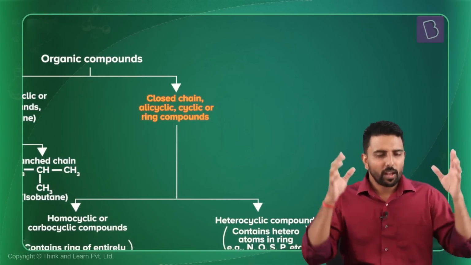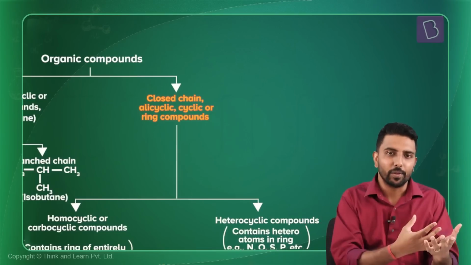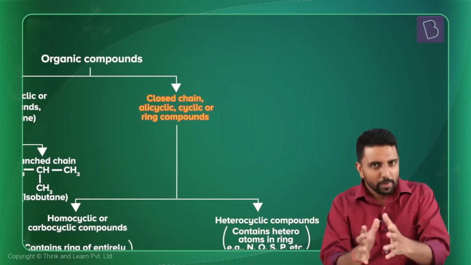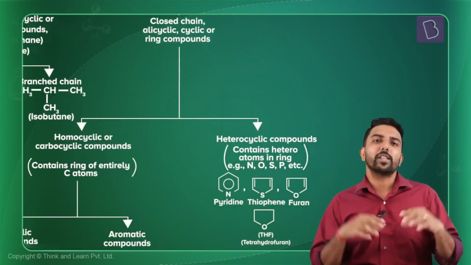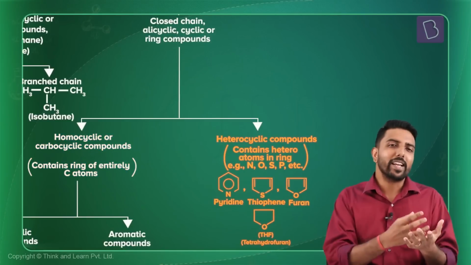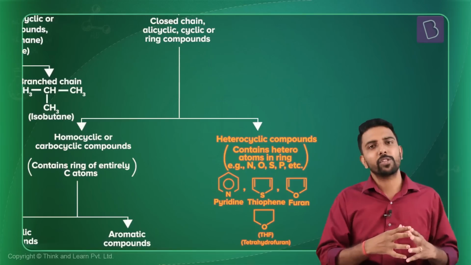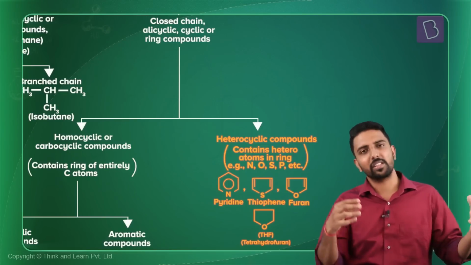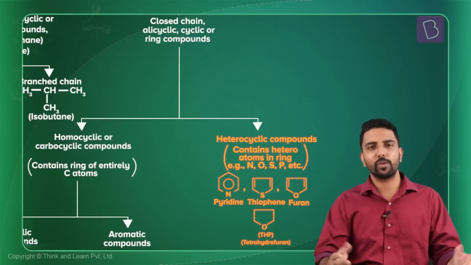Now we could either have a cycle or a ring formed only by carbon atoms, and they would be called homocyclic. As for the other part, they might include carbon atoms, of course, and also some other heteroatom like oxygen, sulfur, nitrogen, and so on and so forth.